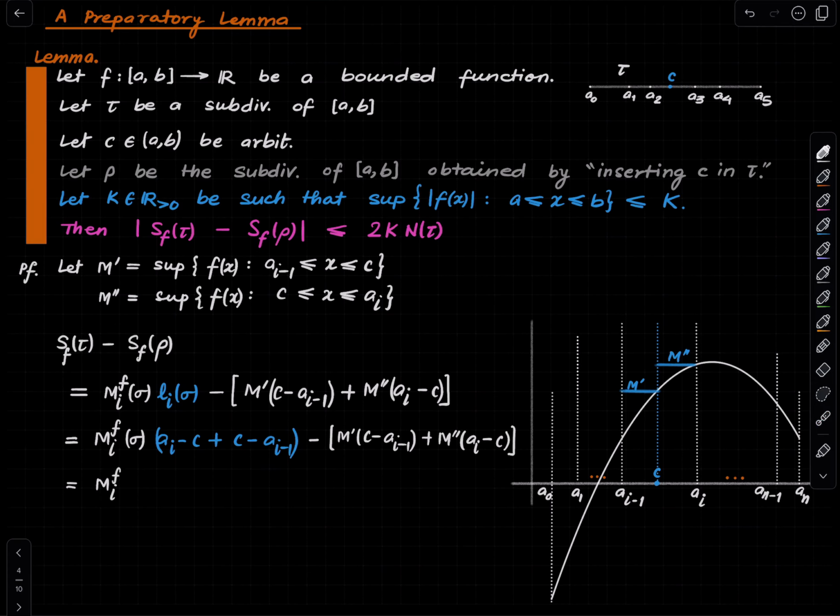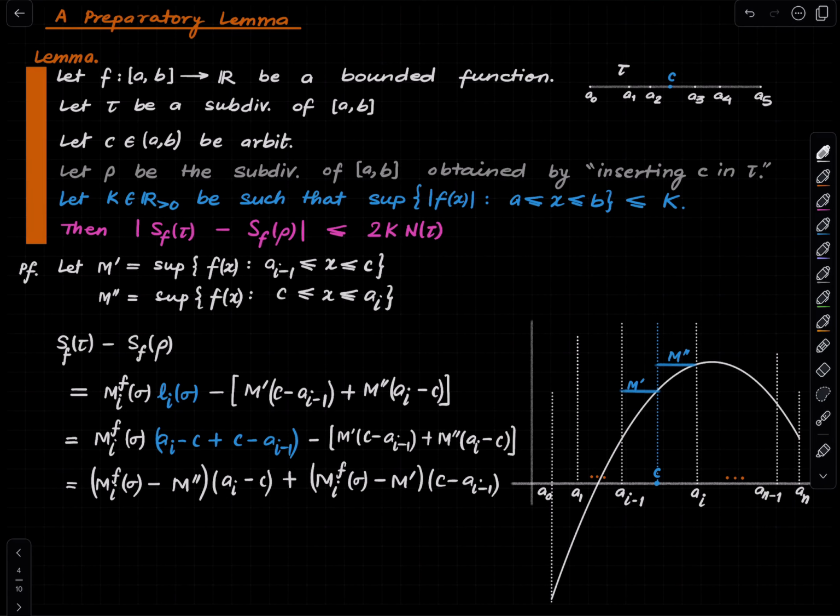So we get this thing minus m double prime, this thing minus m prime, with, so this is with a minus sign, m prime minus, or is it? This is m_i f sigma minus m prime (c minus a_i), (c minus a_{i-1}). I think it's correct.